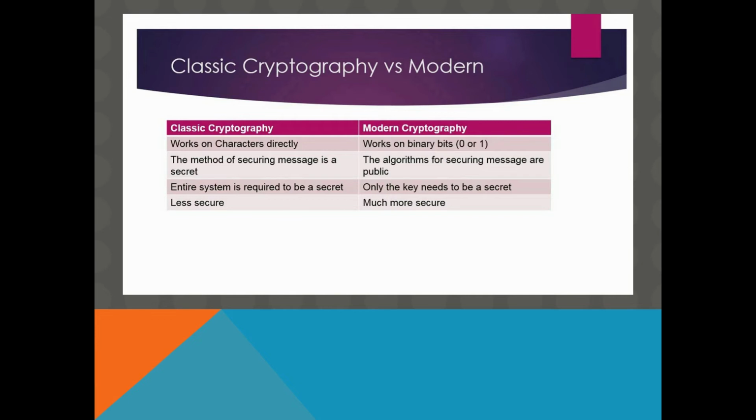Whereas in classical cryptography, the method of securing a message is a secret. And also modern cryptography needs only the key to be a secret, whereas classical cryptography needs the entire system to be kept as a secret. And obviously modern cryptography is much more secure than classical cryptography.